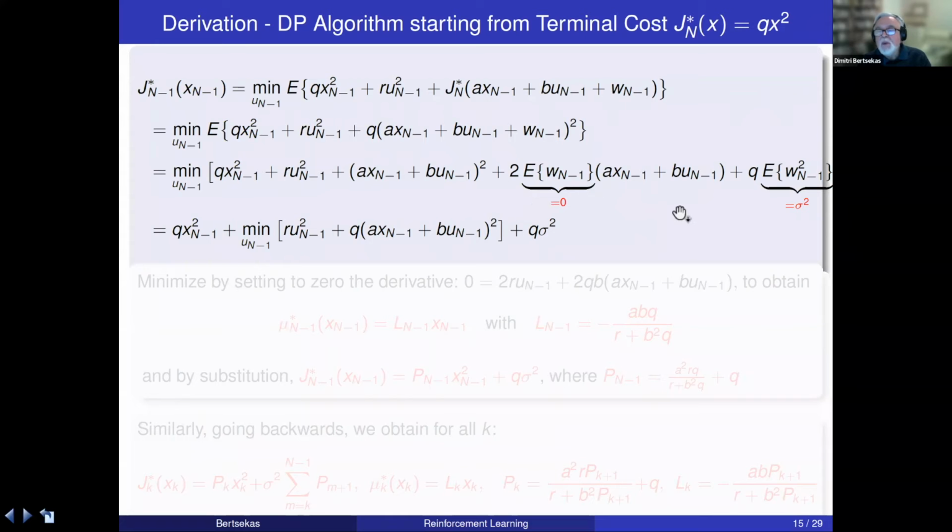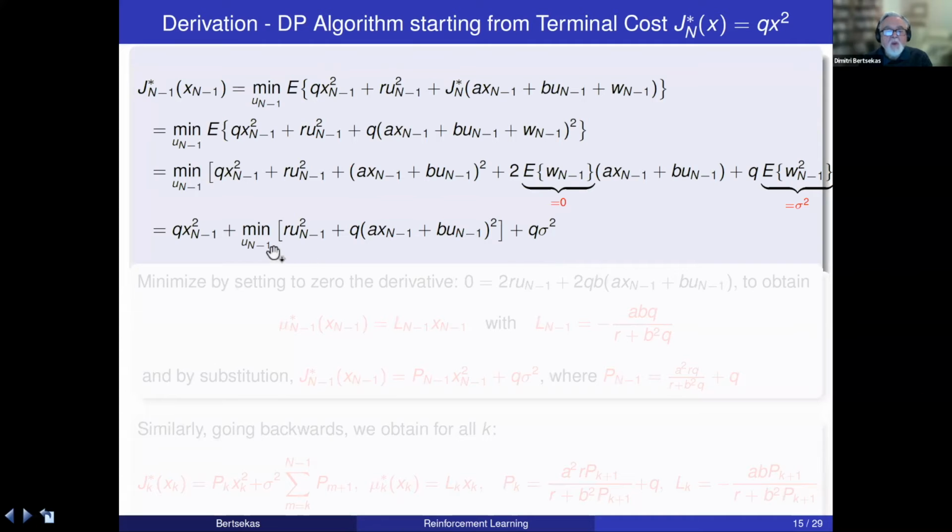Now this term is equal to 0 because we have assumed that w has 0 mean. This term is not 0, but it is constant. This is the variance of w_{n-1}, which we have called sigma squared. So this calculation gives us this, where we have taken out this term, which does not depend on u_{n-1}. We have canceled out this term here, and this is the last term.